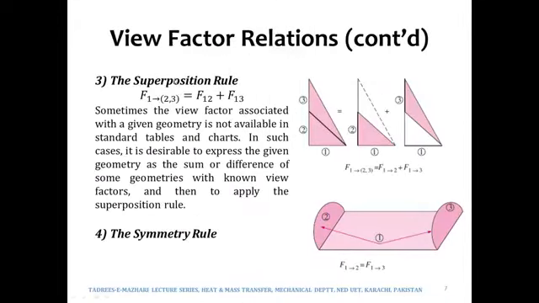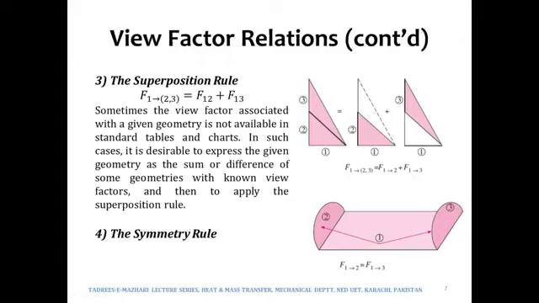The third relation is called the superposition rule. The superposition rule is a very simple rule and it is very logical. It says that the fraction of radiation leaving 1 onto 2 and 3 combined, if this is 2 and if this is 3, would be equal to the fraction leaving 1 and being incident upon 2 plus the fraction of radiation leaving 1 and being incident upon 3.